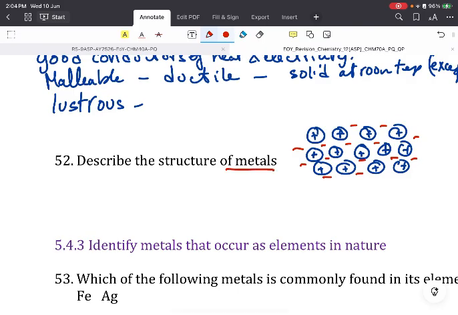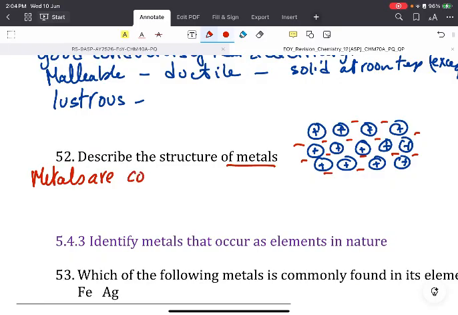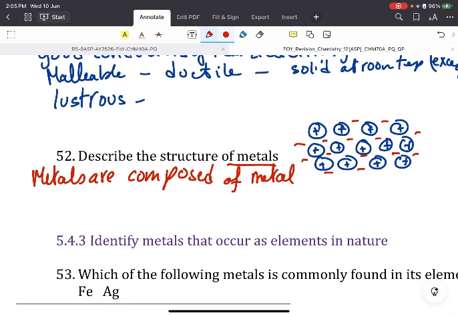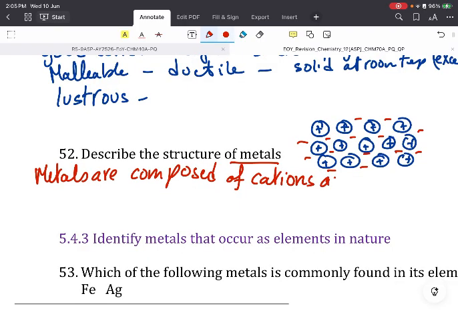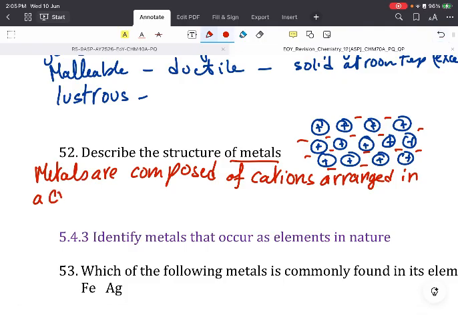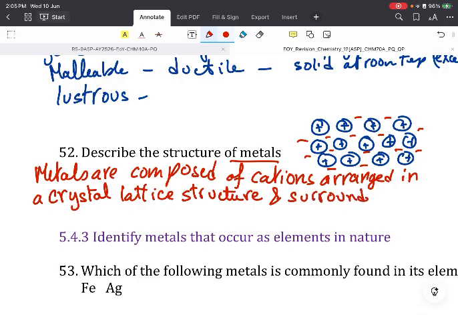So the structure of metals is composed of metal cations arranged in a crystal lattice structure and surrounded by a sea of mobile, or delocalized, electrons.